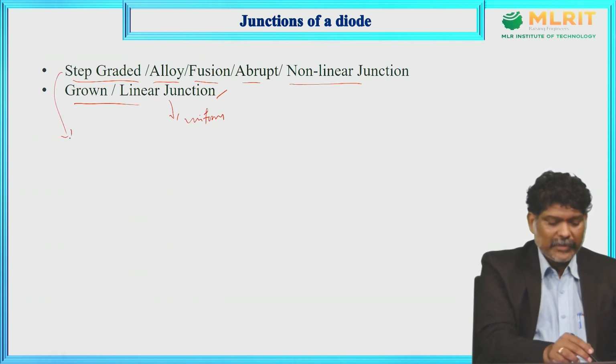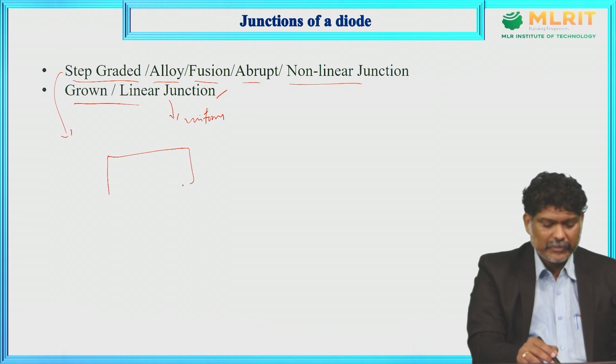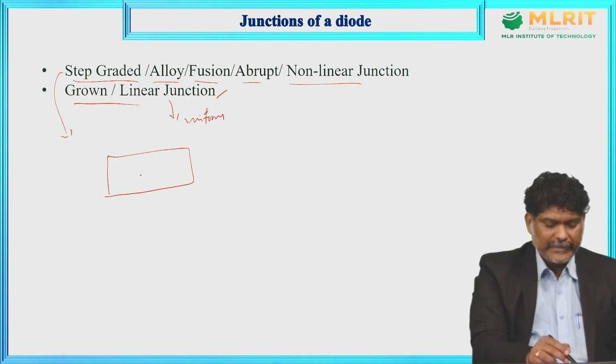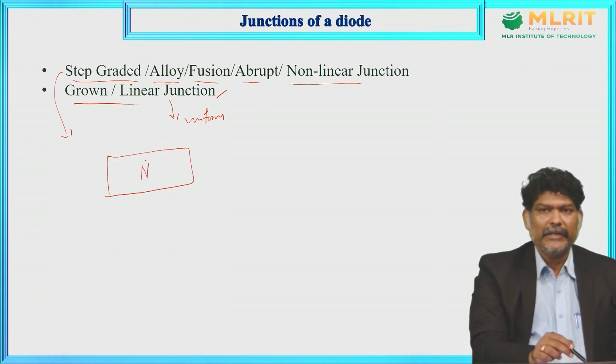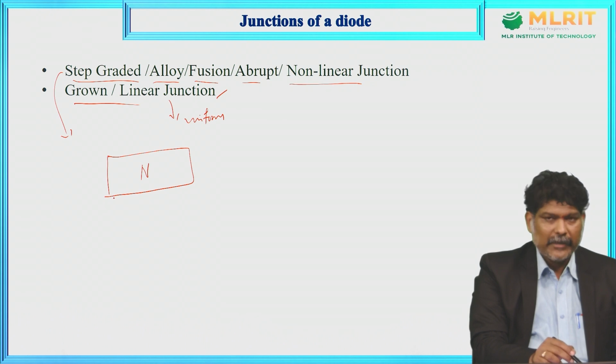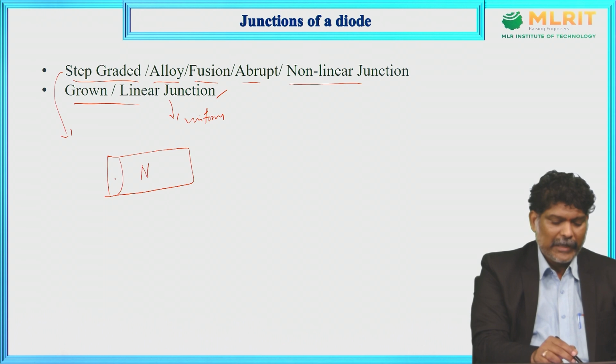So coming to the step graded junction, here, for example, it is an N-type semiconducting material. If you add a trivalent impurity to this part of the N-type material, then the concentration will be different.